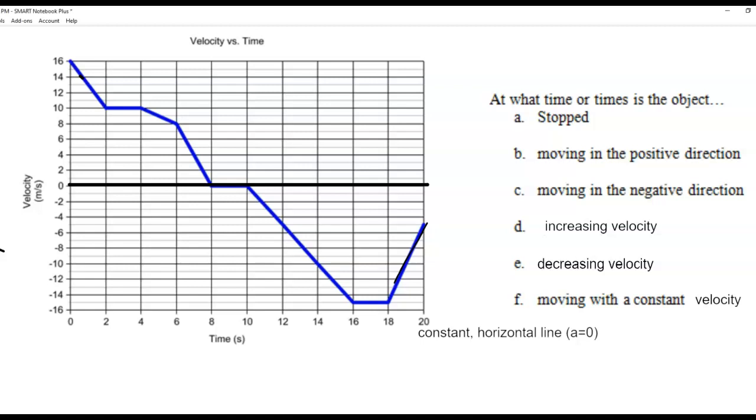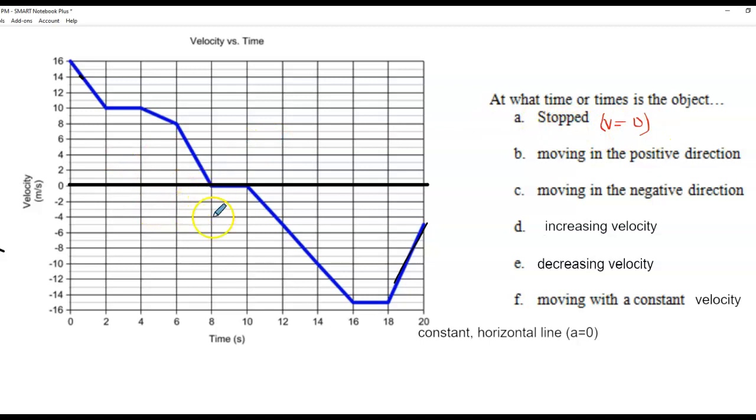So let me try to get this set up better. Okay, so for the first question here, it says what time is the object stopped? That happens when the velocity is equal to 0. That's what we look for when you're stopped.